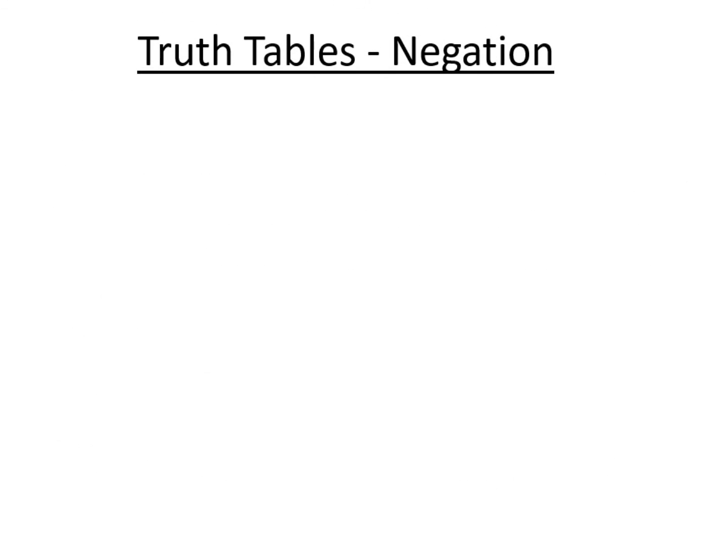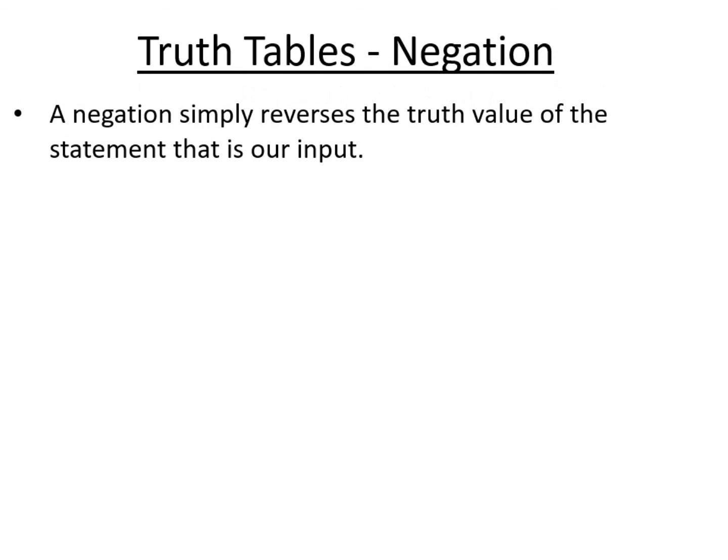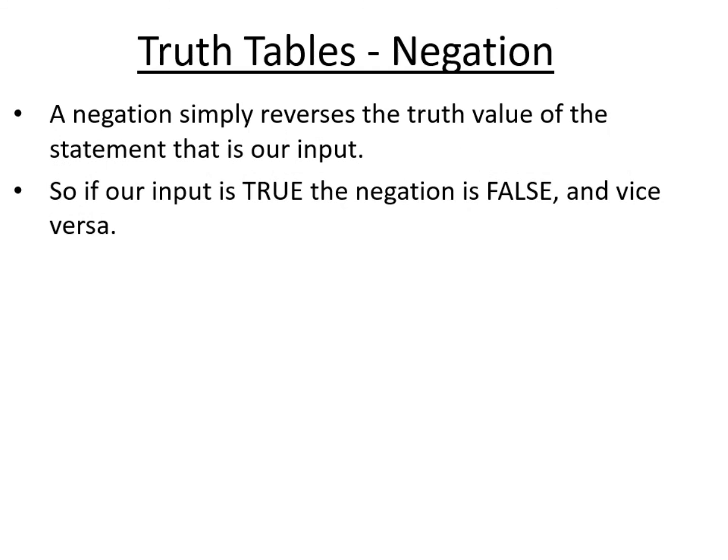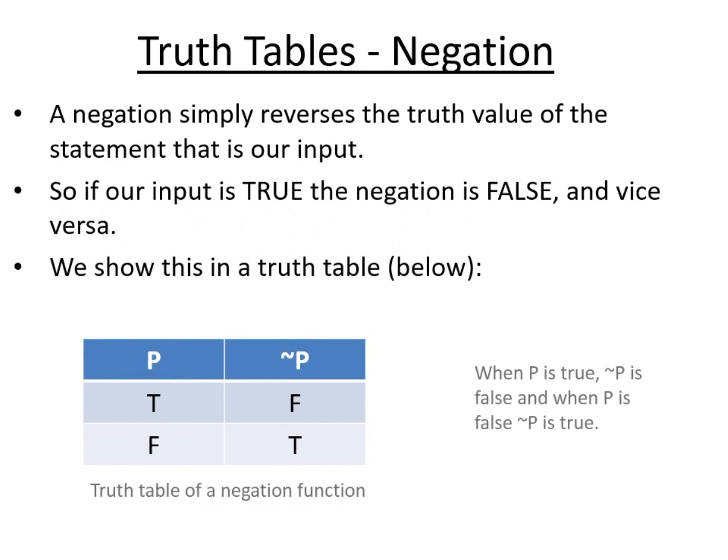So let's look at the negation, the easiest form of truth table to start with. A negation simply reverses the truth value of the statement that is our input. So if our input is true, the negation is false, and vice versa. And here's the truth table for a negation. So a negation, as we saw, is a unary operator.